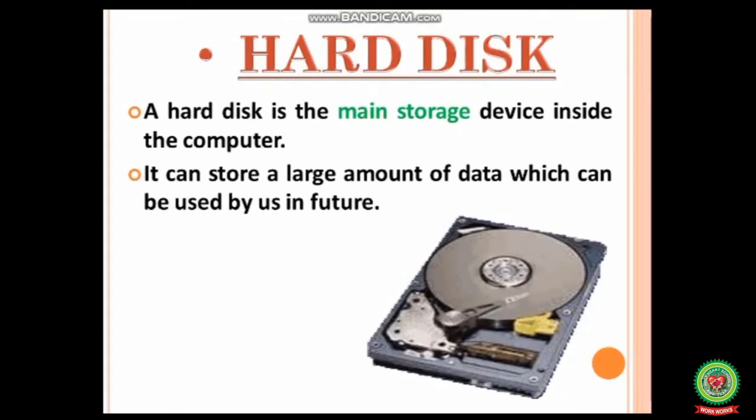A hard disk is the main storage device inside the computer. Children, hard disk is present inside the computer. It can store a large amount of data which can be used by us in future.